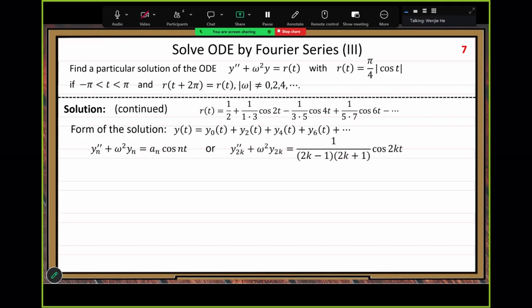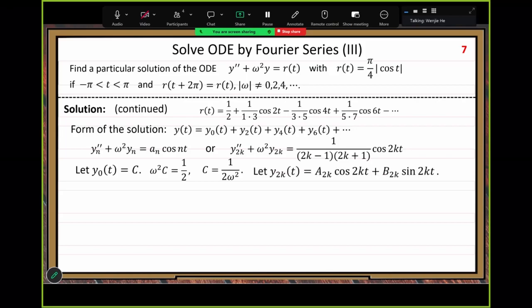So let's write it as y_2k, because for odd n there is nothing. y0 is very easy, so we can find y0 easily.